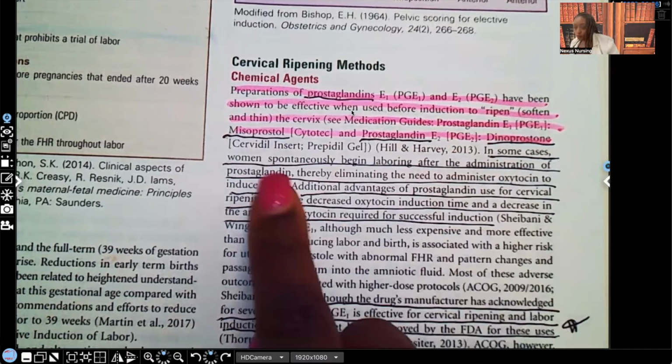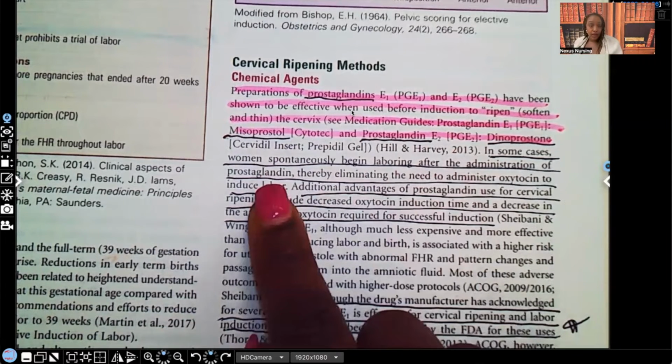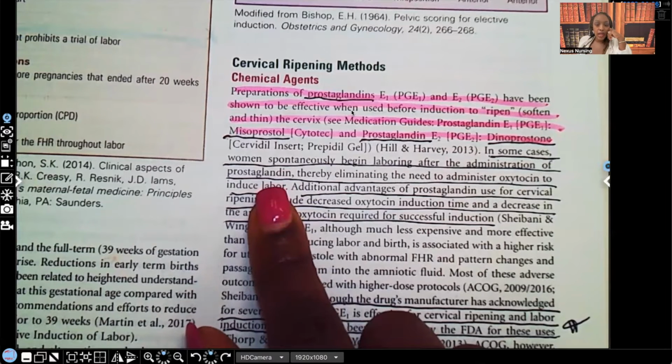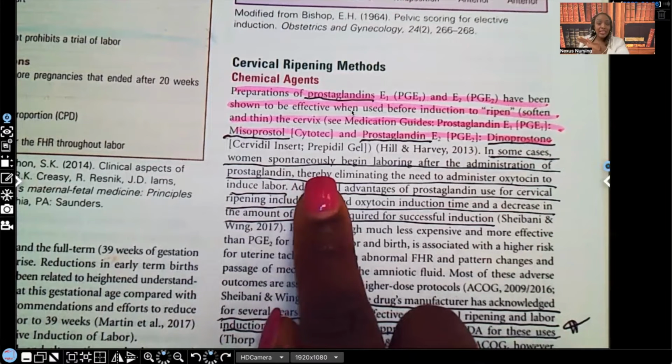In some cases, some women spontaneously begin laboring after administration of prostaglandin, thereby eliminating the need to administer oxytocin to induce labor. Let's stop right there because I gotta make sure you guys understand what that means. Let's go back. So sometimes spontaneously, after the woman gets prostaglandin, remember prostaglandin, that's what softens the cervix. That's what ripens the cervix.